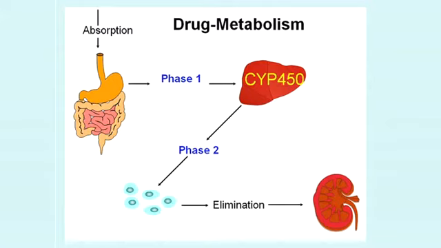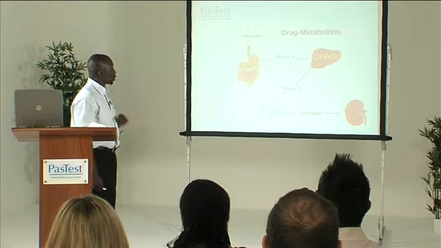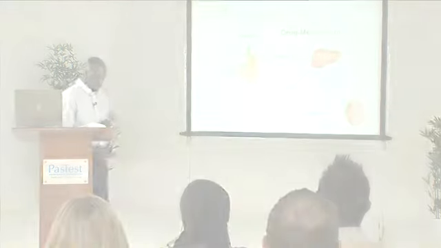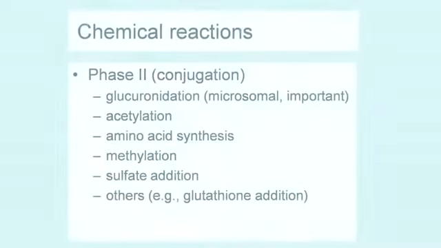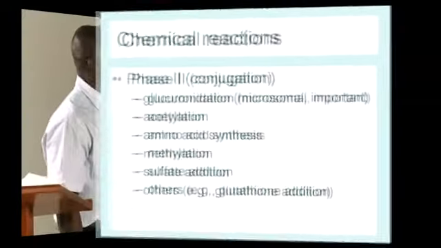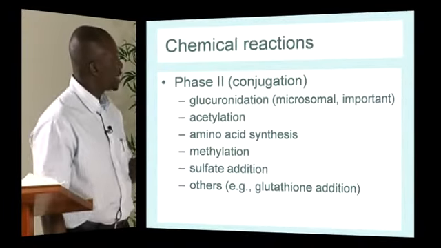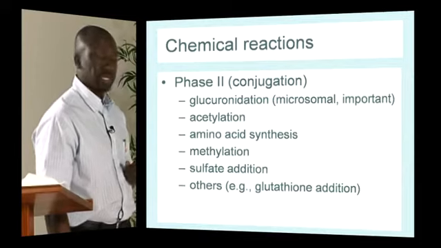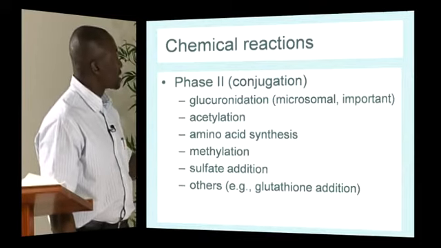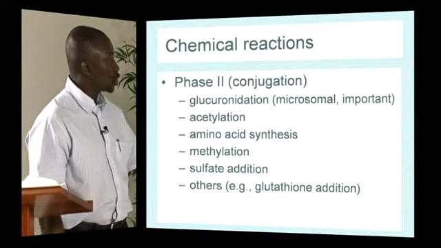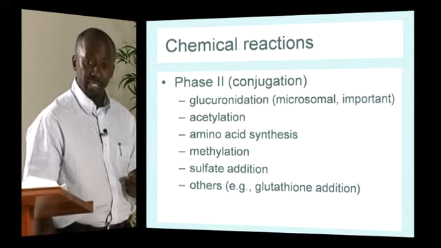Phase 2 is really about making them hydrophilic so that they can be excreted by the kidneys, and several processes will occur. So phase 2 will have either glucuronidation, acetylation, amino acid synthesis, methylation, sulfate addition, and others such as glutathione, which are important for paracetamol.